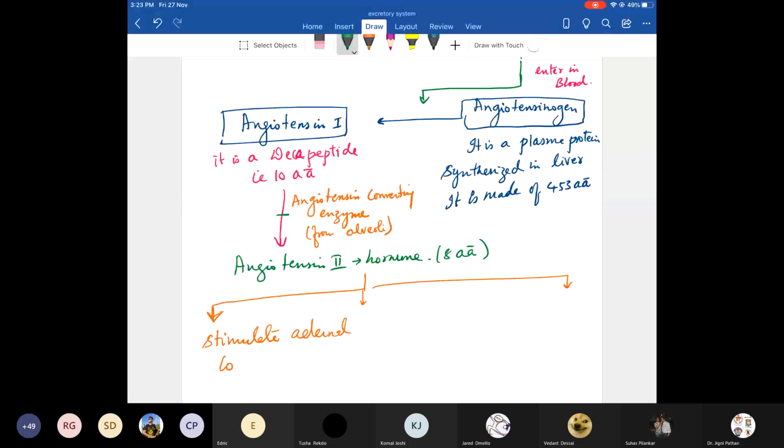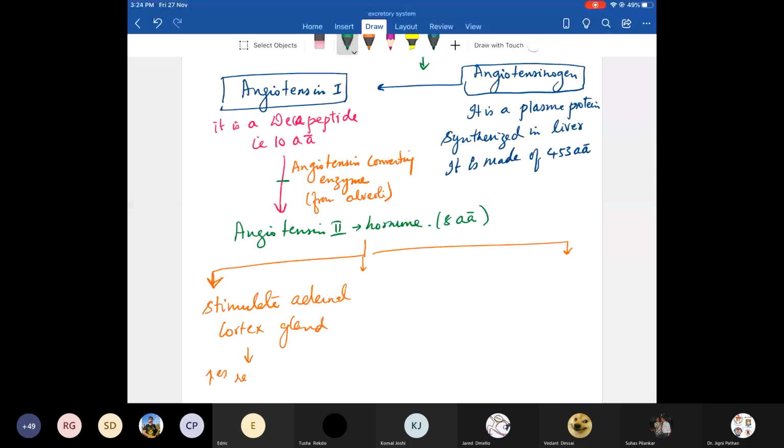Which is that hormone? It increases release of aldosterone. Very good, Chrisley.